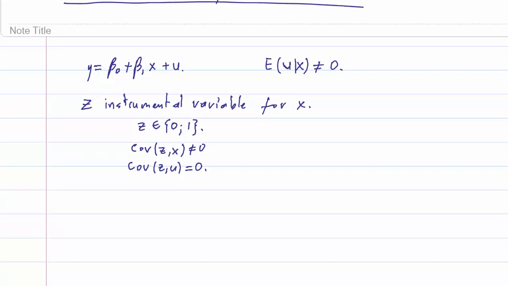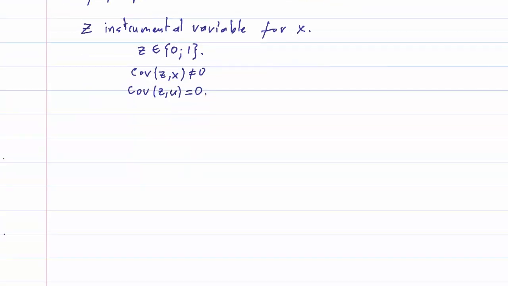We're going to define some notations. So let's consider n1, which is just the number of observations where z equals 1.